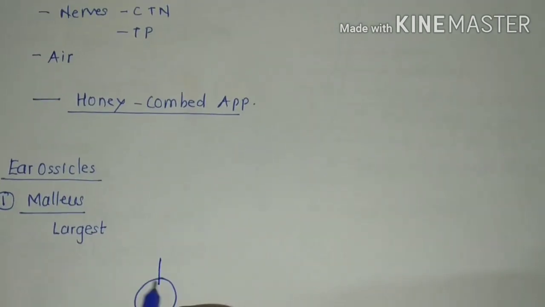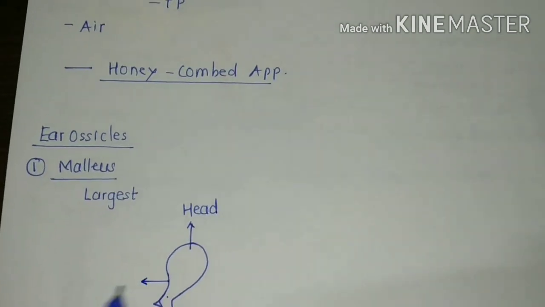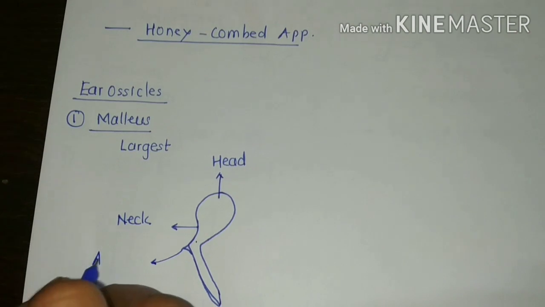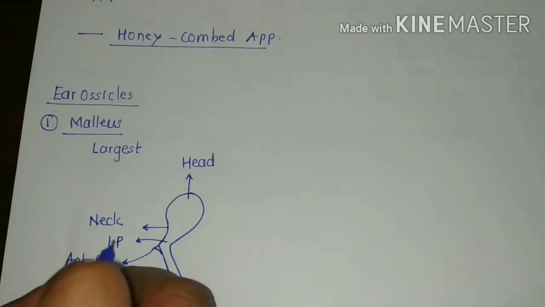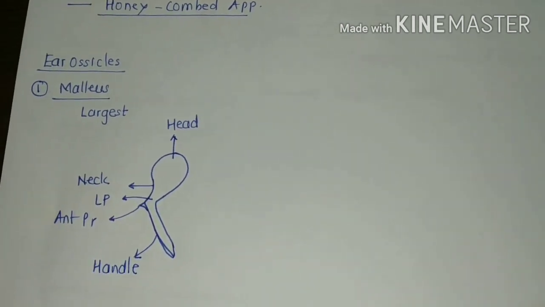Clear? So this is head, this is neck, this is the anterior process, here there will be lateral process, and this is the handle of the malleus.